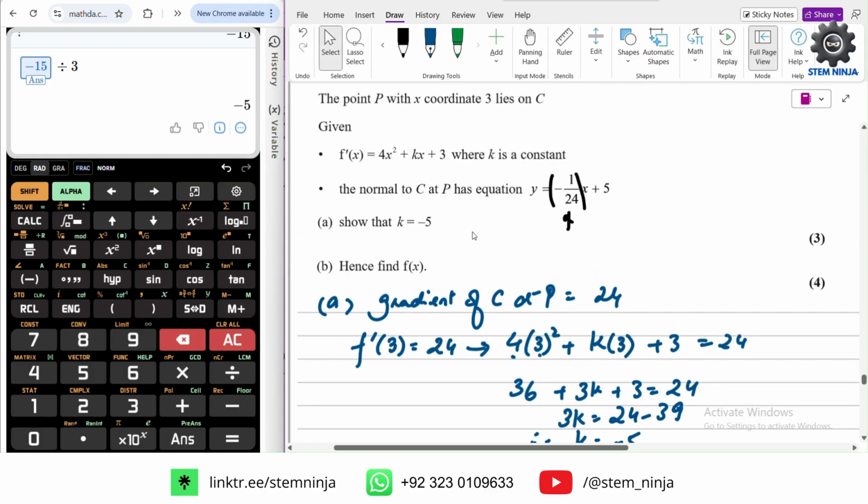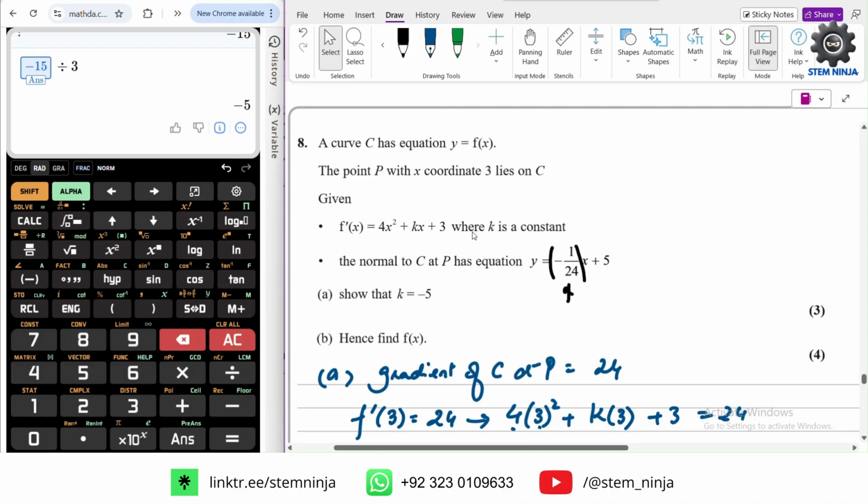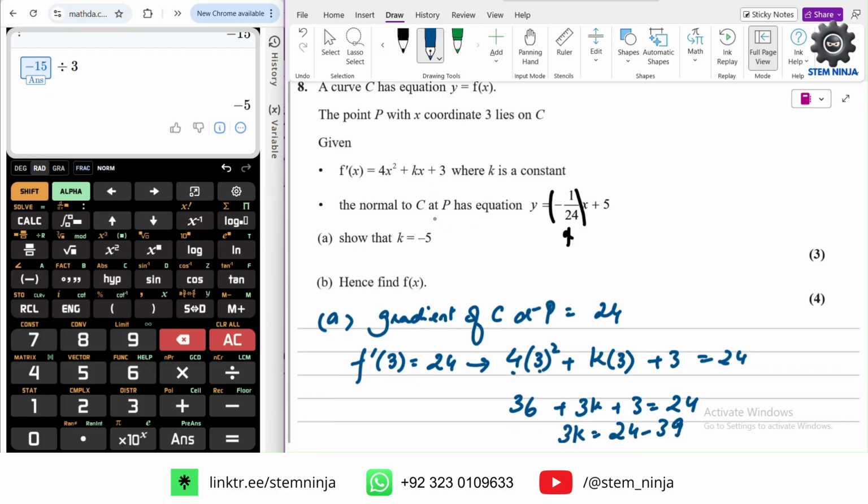Hence, find f of x. Okay, so normal to C at P would also get us the y coordinate of this point. So y value at x is equal to 3 would be y is equal to minus 1 over 24, times 3, plus 5.